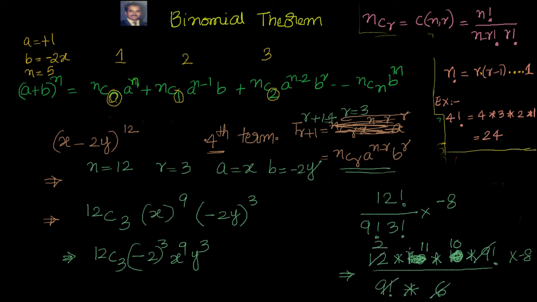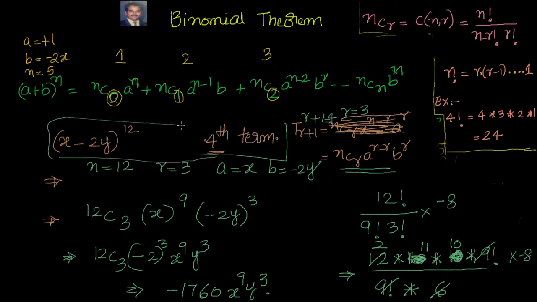Now you need the calculator. 2 11s are 22, 22 10s are 220. 220 into minus 8 is minus 1760 x to the power of 9 and y cube. That is the general term. That's nothing but the fourth term of this particular binomial expansion.